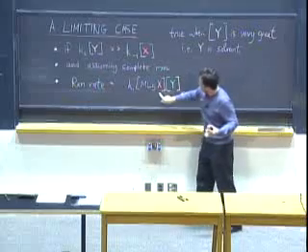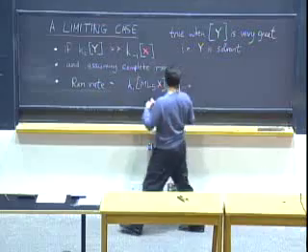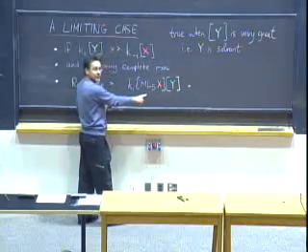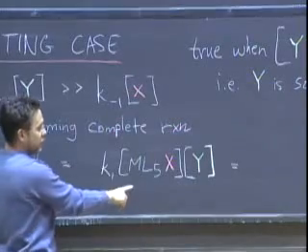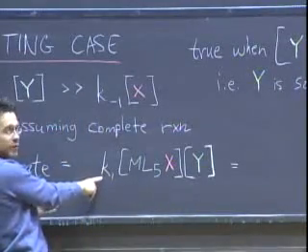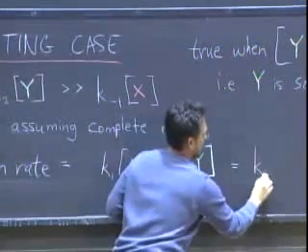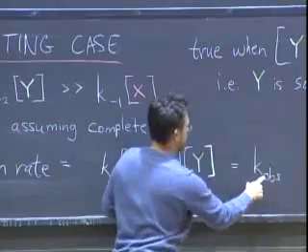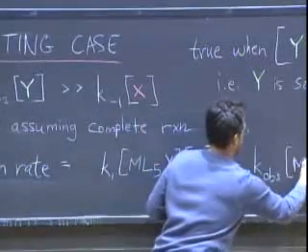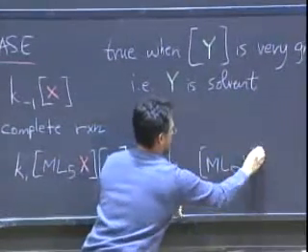And because of that, under these circumstances, the concentration of Y, which is very large, does not change effectively during the reaction. So it is a constant that can be folded together with the constant K1. So we can describe this as K observed. So K observed is equal to K1 times Y times ML5X. Okay?